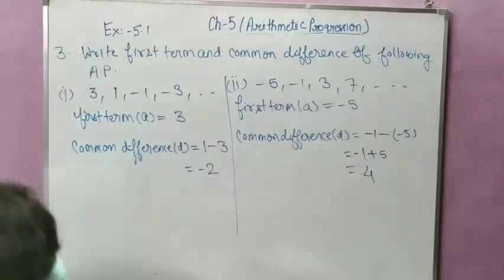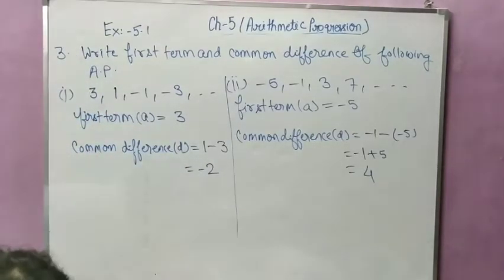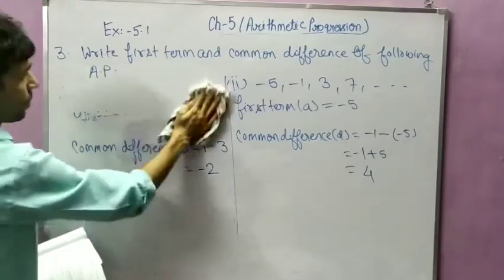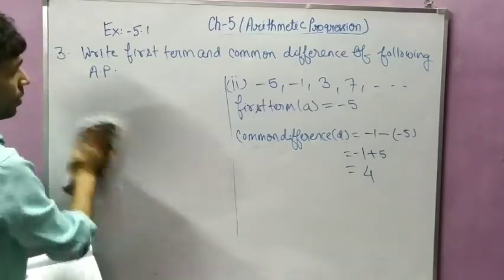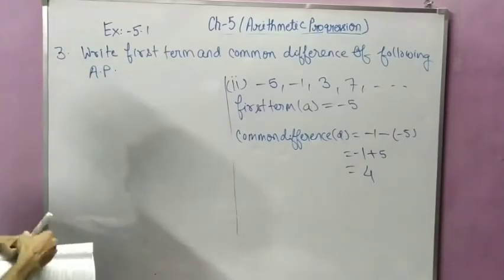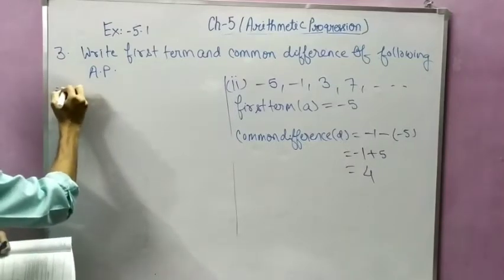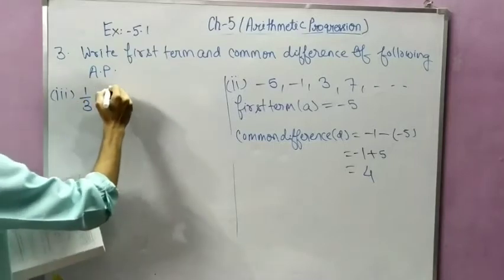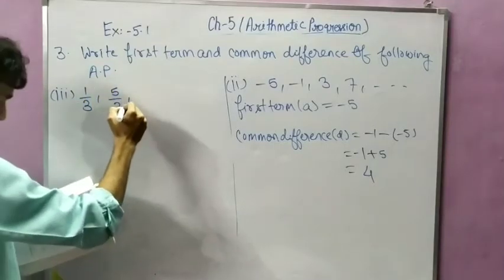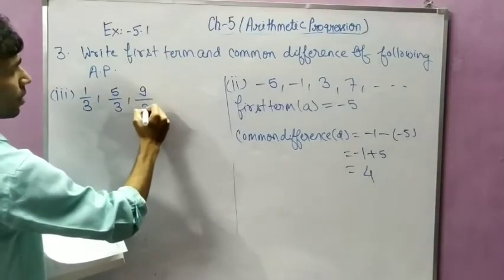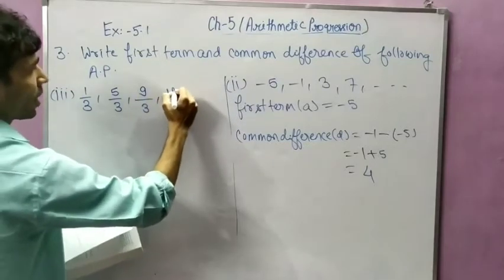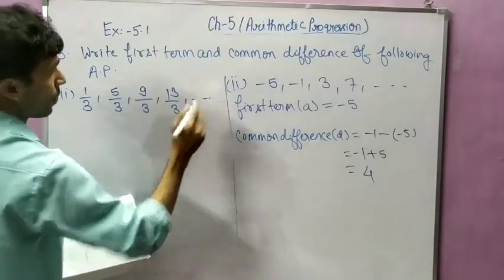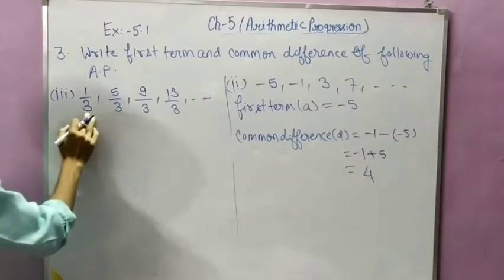Now one more part I can tell for you. Third part. Part third is 1 by 3, comma 5 by 3, comma 9 by 3, comma 13 by 3. So first term is 1 by 3.